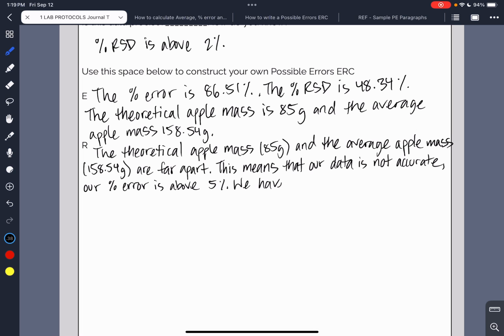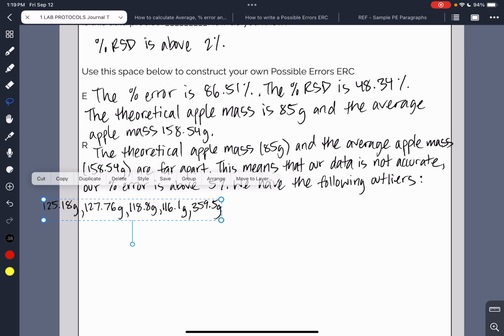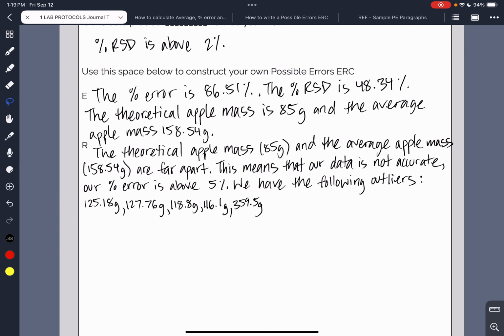We have the following outliers. We have from our data 125.18 grams, 127.76 grams, 118.8 grams, 116.1 grams, 359.5 grams as some outliers.